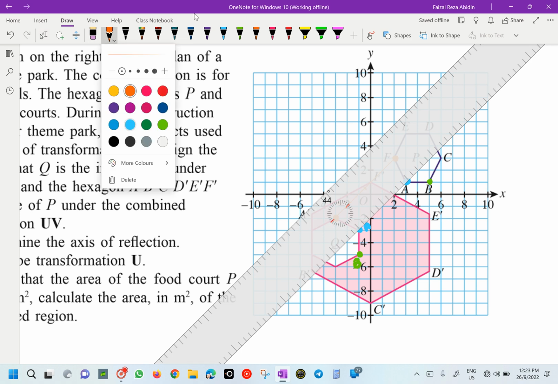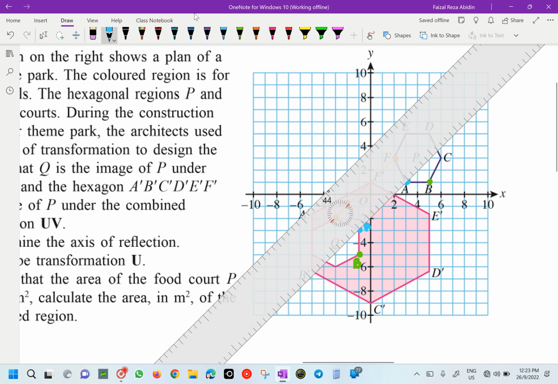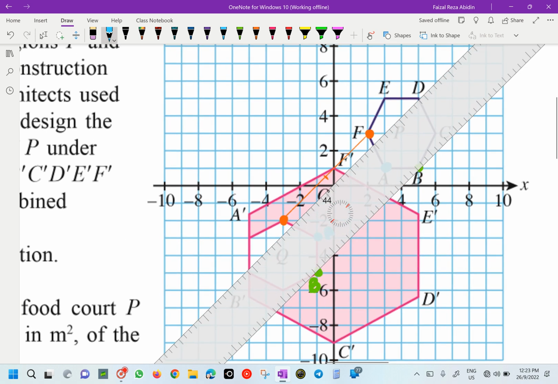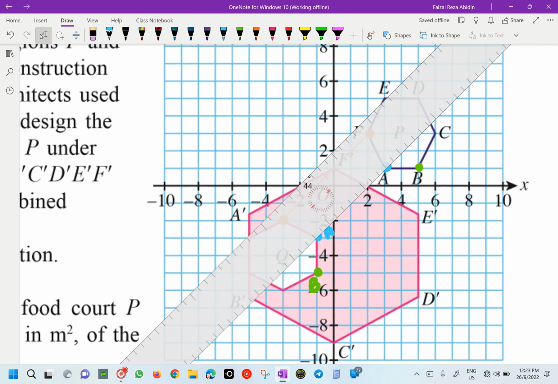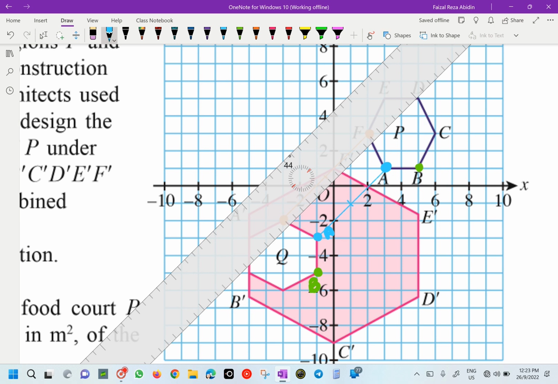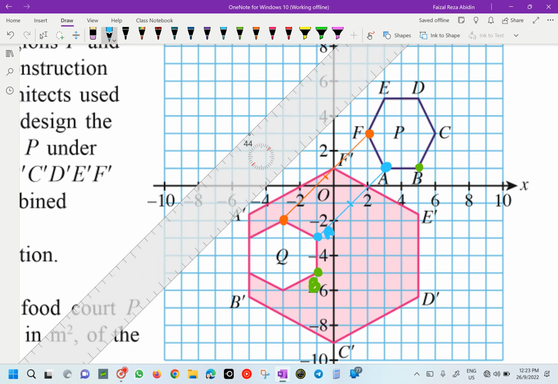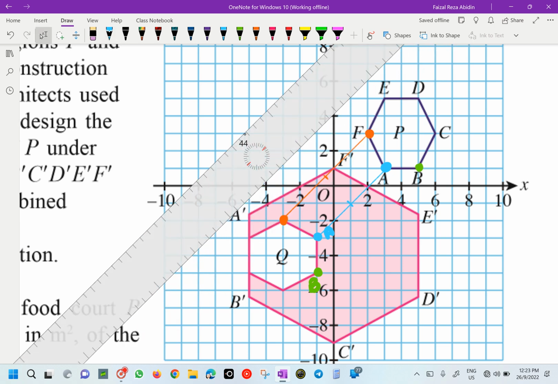Let me enlarge this one. 1, 2, 3, 4, so it's going to be 2. From A to A, I'm going to get the point A here.